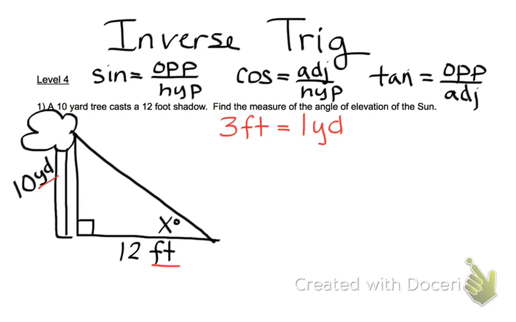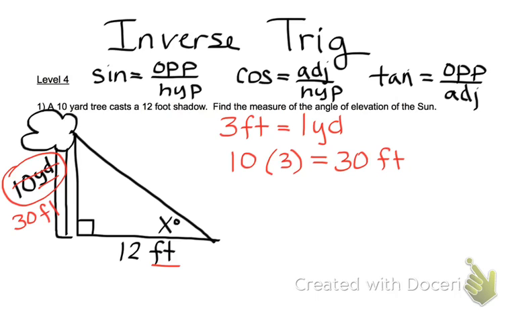So I'm going to change my 10 yards into feet. 10 yards times 3 feet per yard, 10 times 3 is 30. So 10 yards changes to 30 feet. I'm going to replace this 10 yards right here with 30 feet. Now I can solve this problem because both of the sides of the triangle are in feet.